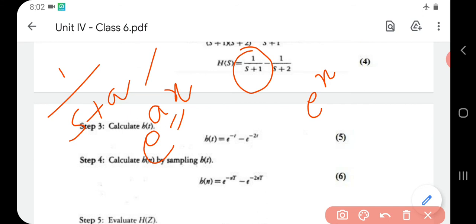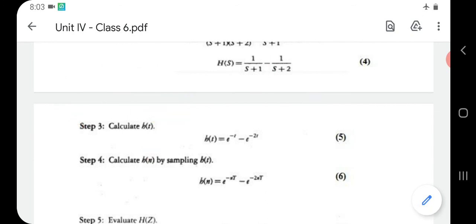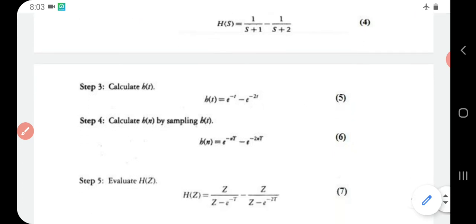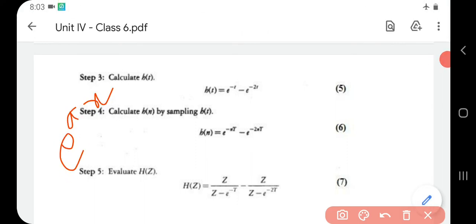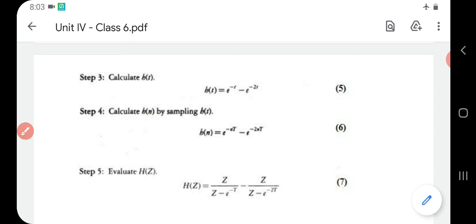So like that you have to find it. Here a will be minus 1, so that is minus t.